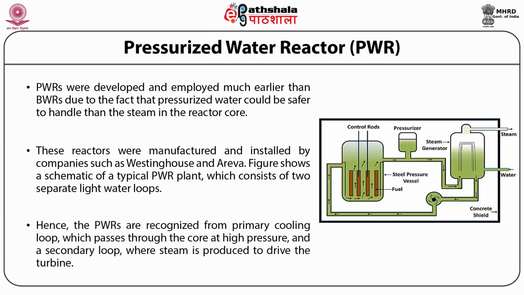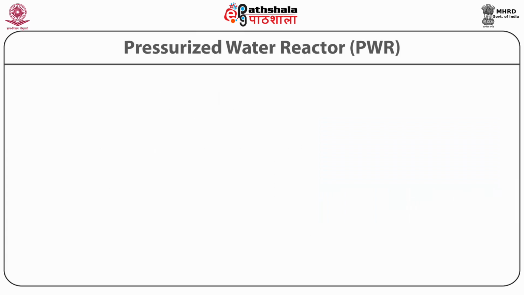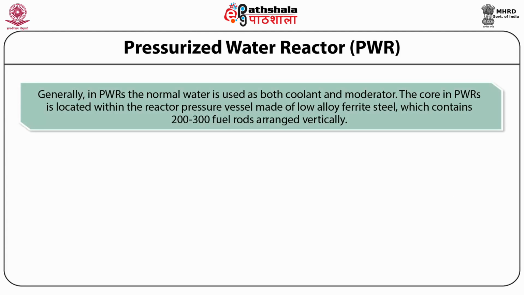Hence, PWRs are recognized by a primary cooling loop which passes through the core at high pressure and a secondary loop where steam is produced to drive the turbine. Generally, in PWRs, normal water is used as both coolant and moderator.